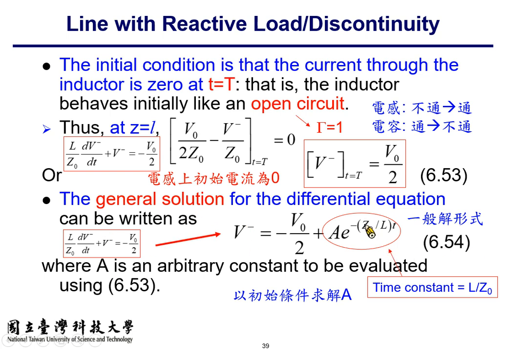Okay, so once you find the initial voltage of V minus, we can write up this kind of relationship. The general solution for the differential equation can be written in this form, and we still don't know the constant A, which requires to be solved with initial condition.